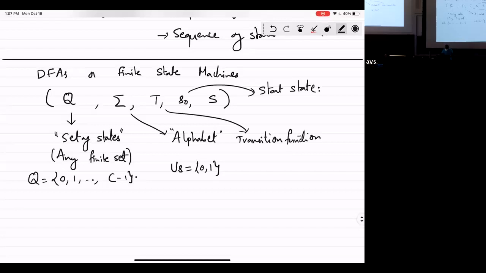So we stick to the start state just being the one labeled 0. I could have called this state, label 2, the start state. That would define the same model of computation. And S is the set of accepting states as before.